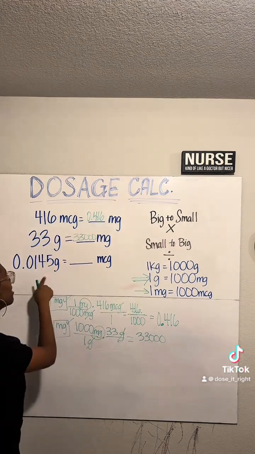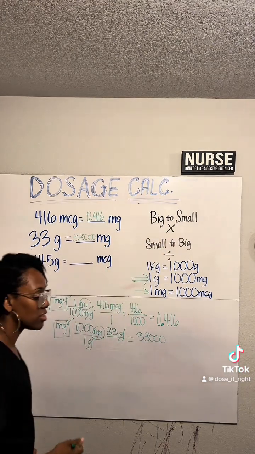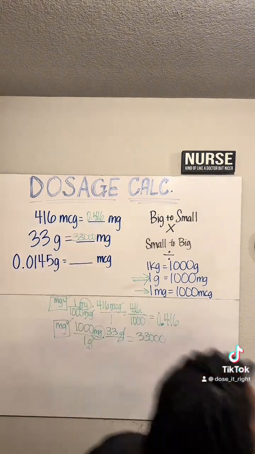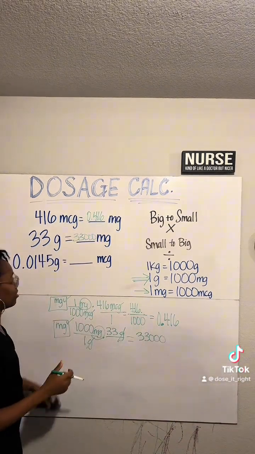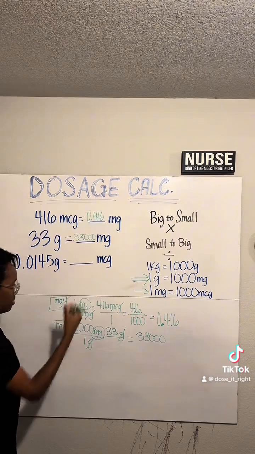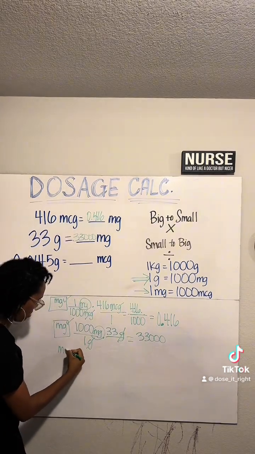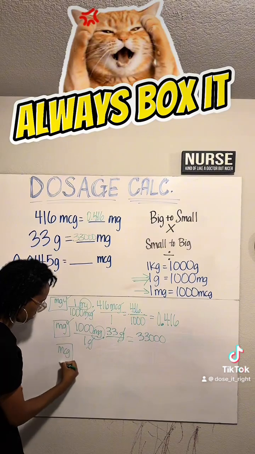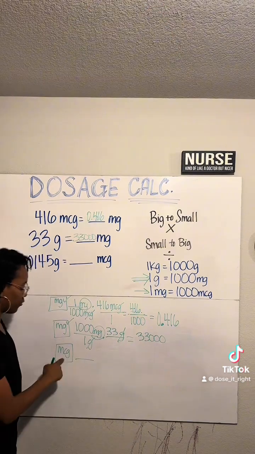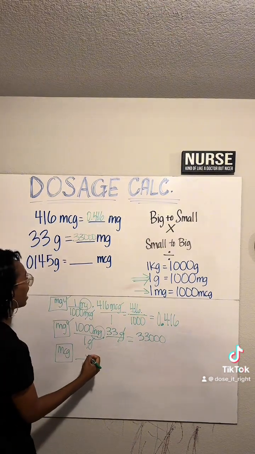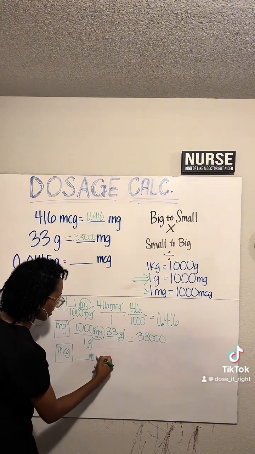Now our very last one. This one right here, we're going to have to definitely do some conversions, all right? So let's go ahead and put micrograms because that's what we're looking for. Since we're looking for micrograms, micrograms have to go on top.